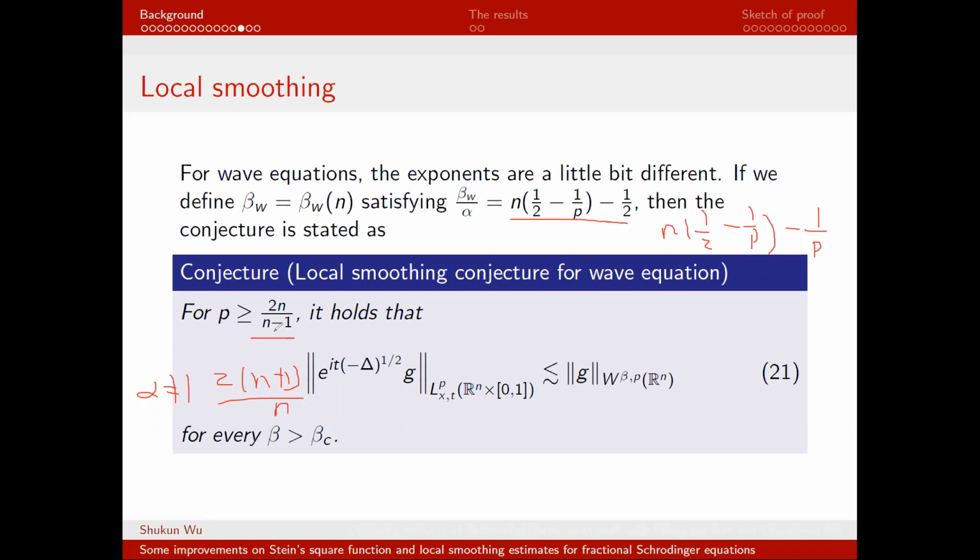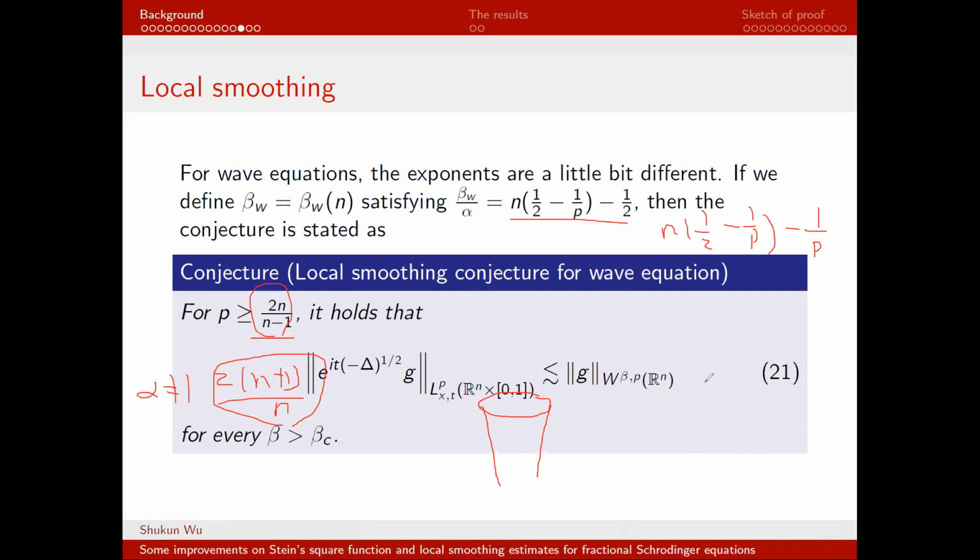And why is this factor smaller by one dimension? It is because for the local smoothing problem for the wave equation, the geometric object is a cone.